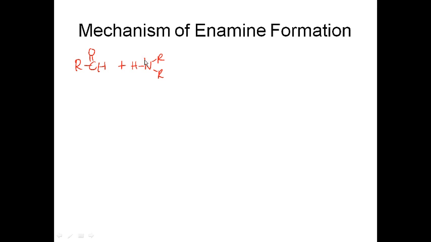So you're still going to have the same first step of the nitrogen attacking the carbonyl to form this zwitterion. And you're still going to have this proton being deprotonated by the O- to form the neutral compound.